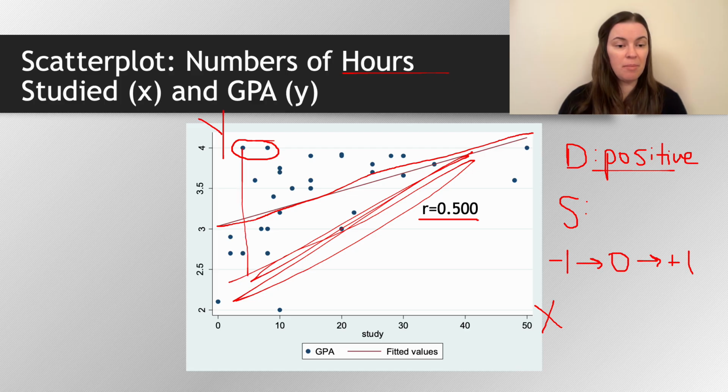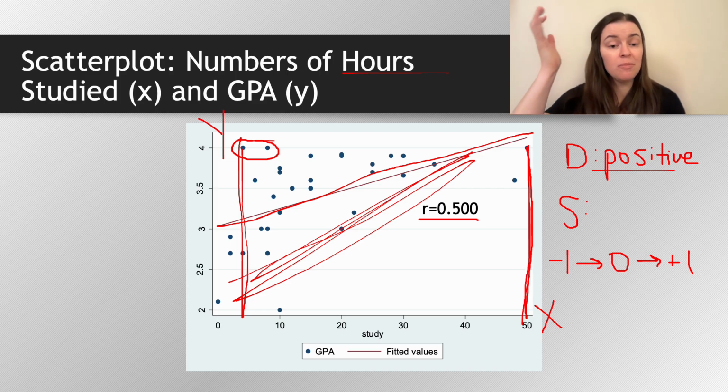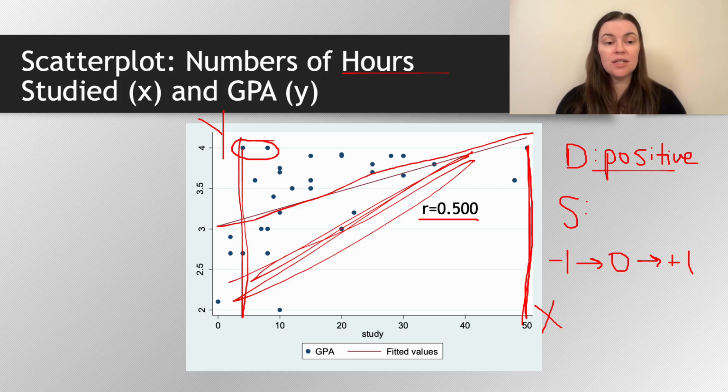They only studied about 4 to 5 hours and they have a perfect 4.0 GPA. On the very opposite side, though, I see that someone studied and reported nearly 50 hours of studying per week, and they also have a perfect 4.0 GPA. So they're fulfilling what we would expect in terms of the overall positive relationship, but we're also seeing some outliers here as well, right?